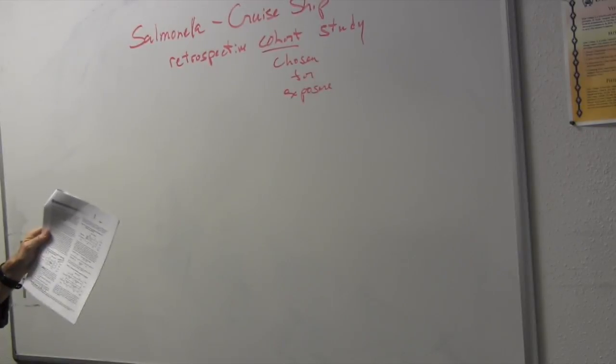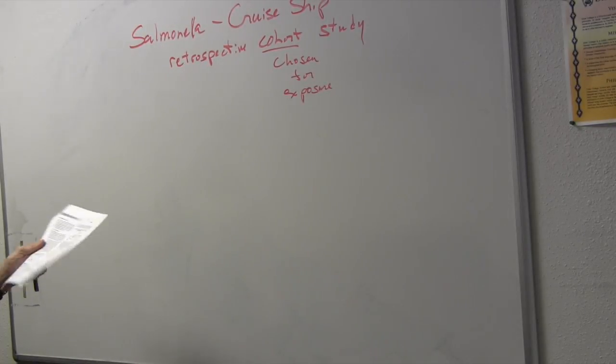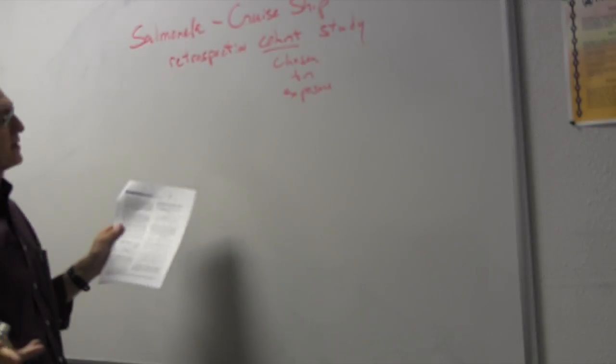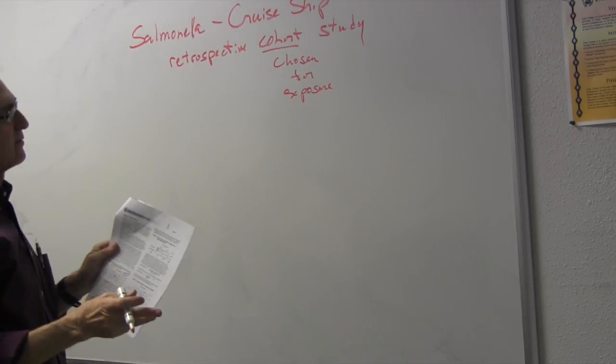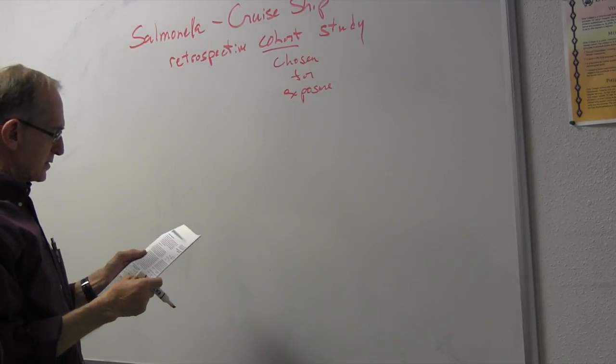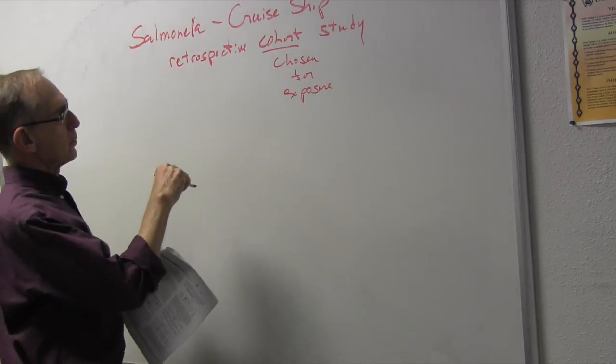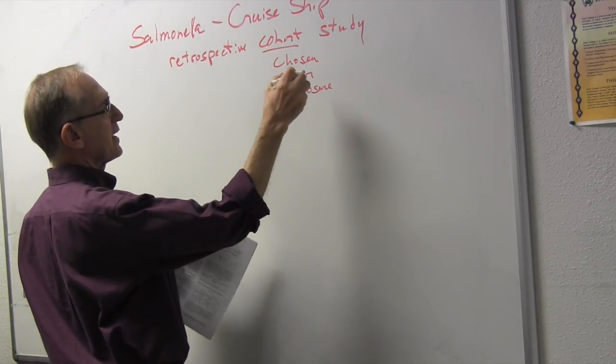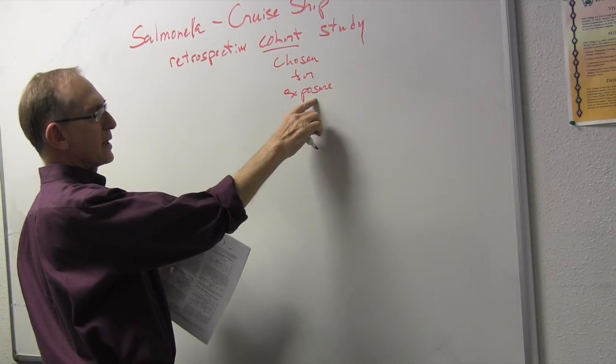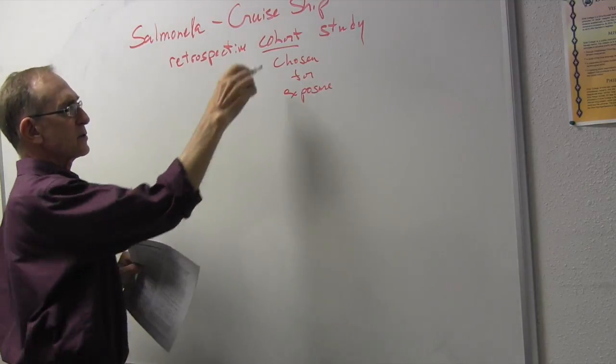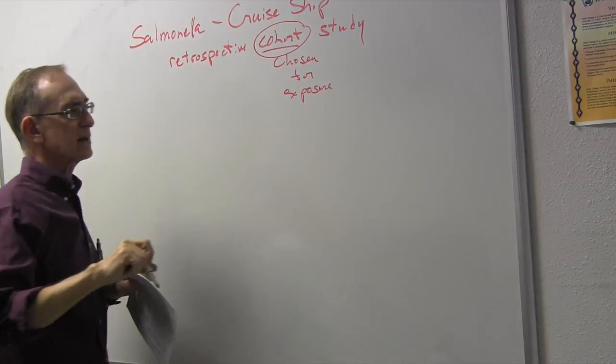They were all on the cruise ship. They must have eaten there. They were exposed to the salmonella. It's a closed environment, so I would assume that everybody was chosen. And because they were chosen because of their exposure, that makes it a cohort study.